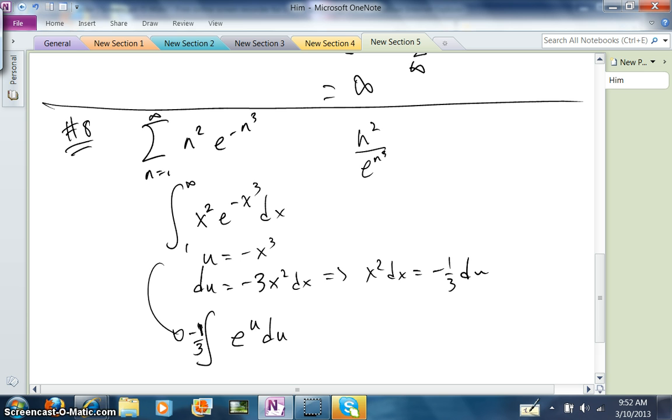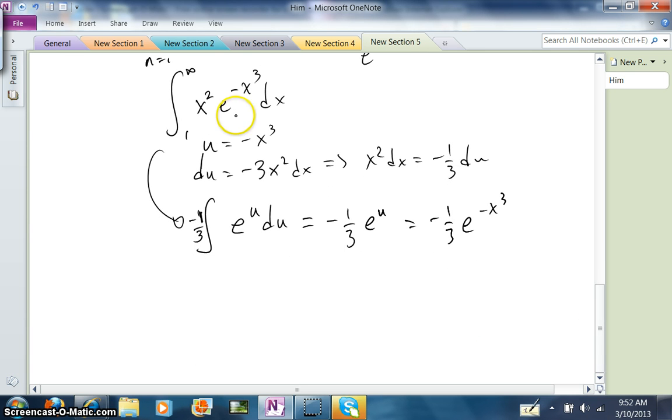Okay, so this is an easy integral to do. This is equal to negative 1/3 e to the u, which is negative 1/3 e to the negative x cubed. So now we've executed the integration properly.